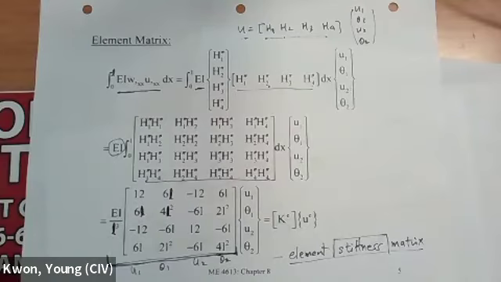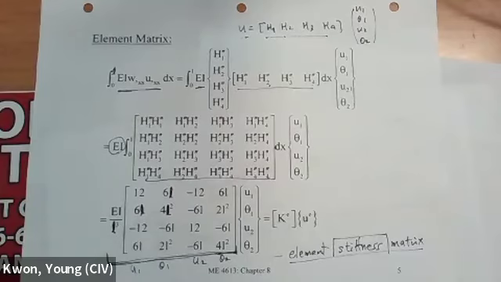So a longer beam is going to be less stiff. A shorter beam is more difficult to deflect. So stiffer makes sense. Any question up to this point?